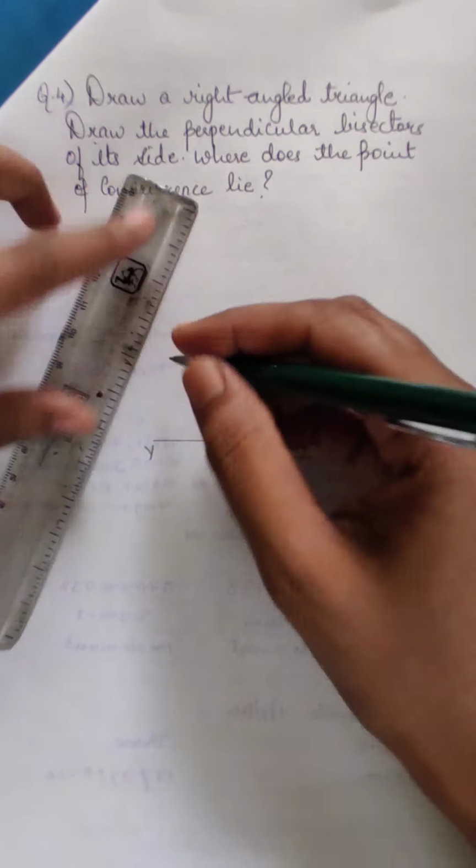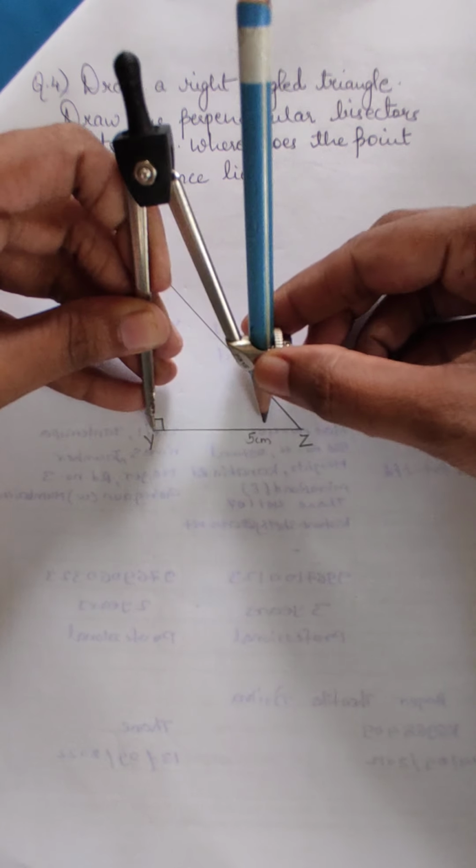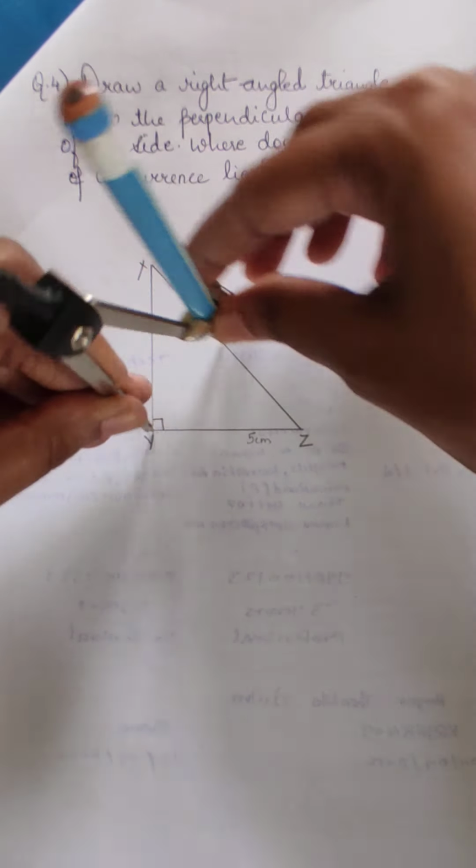Now let's do the bisection of the sides. So first I will take side YZ. Perpendicular bisector, we know, take more than half distance, make the arcs, keep it on the second point, make the arc. So you get the point here, and this is here. Draw a line. This is a perpendicular bisector of side YZ. Now let me take side XY. Again I take more than half distance.